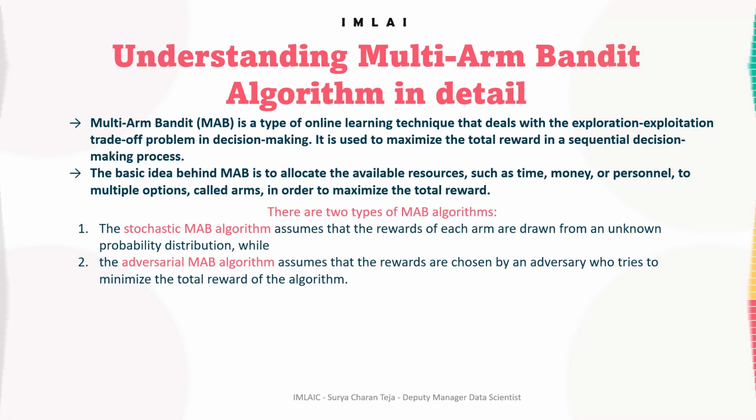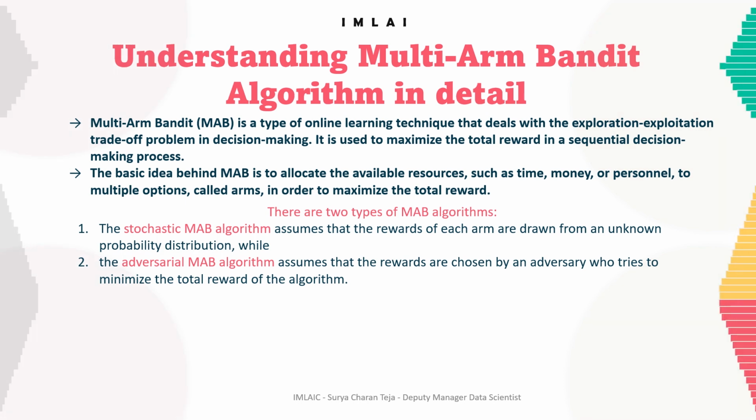Stochastic MAB assumes that the rewards of each arm are drawn from an unknown probability distribution, while adversarial MAB assumes that the rewards are chosen by an adversary who tries to minimize the total reward of the algorithm.